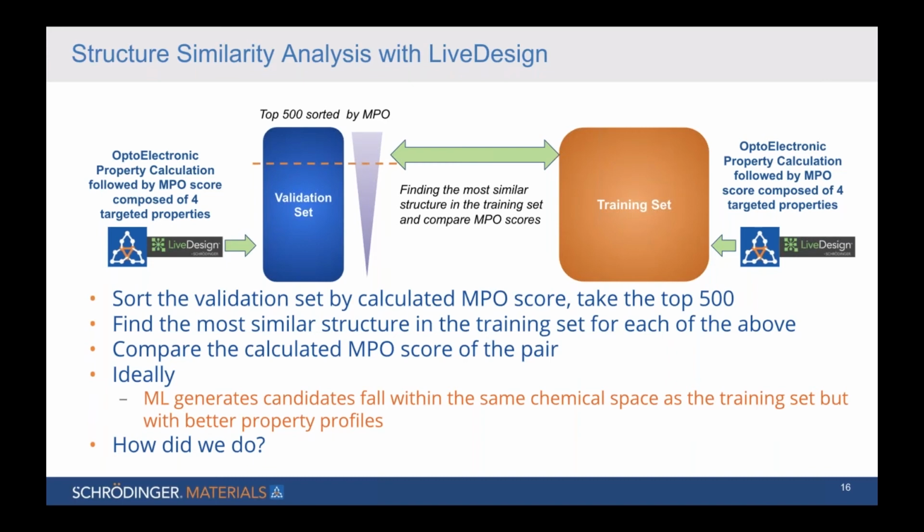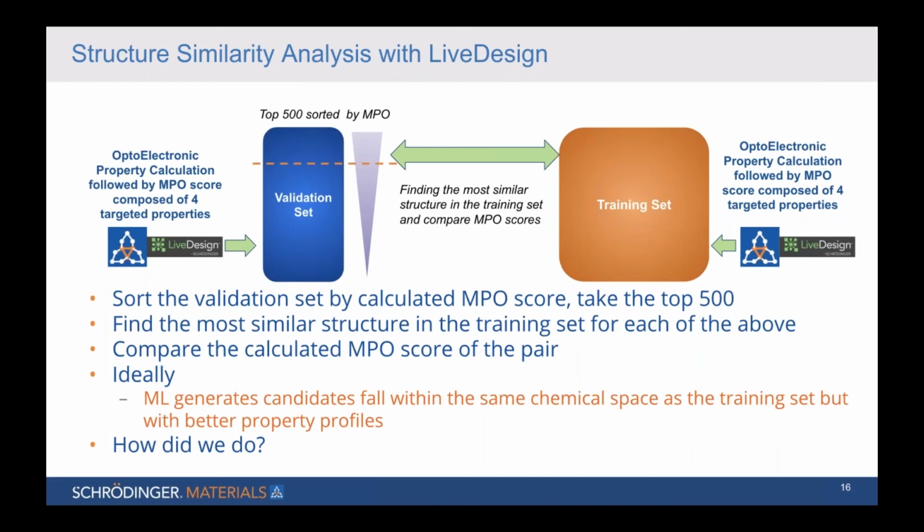Ideally, we hope the machine learning generated candidate falls within the same chemical space as the training set, meaning the structure similarity between the pair is reasonable, but has a better property profile, meaning a higher MPO score than its corresponding neighbor in the training set.